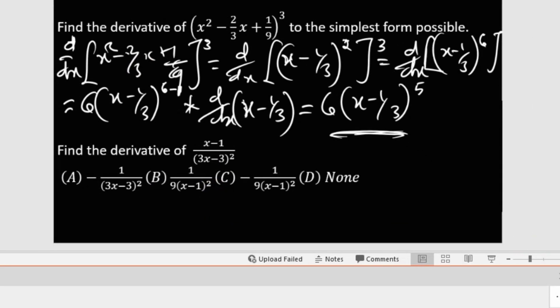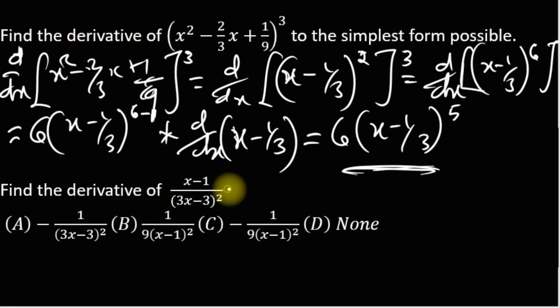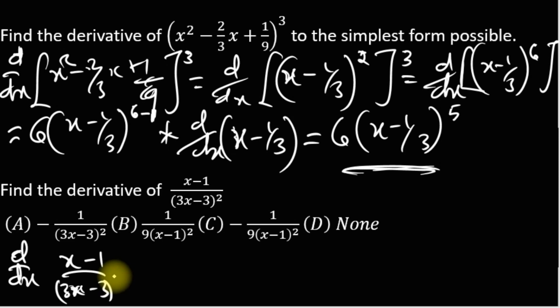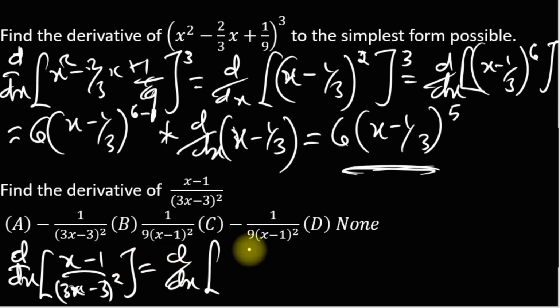So what we have to do is to reduce this. So we have to find the derivative of x minus 1 over 3x minus 3 all squared. So we can't just start using quotient rule. It's better we simplify before we find the derivative.